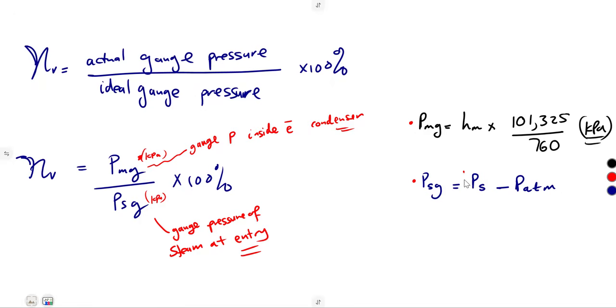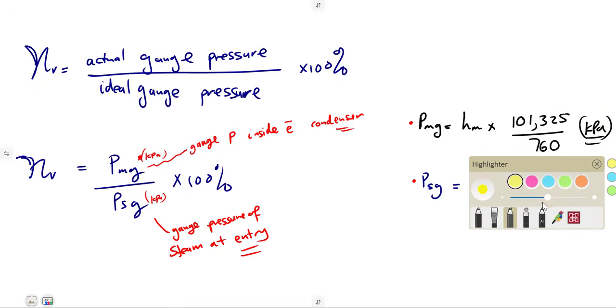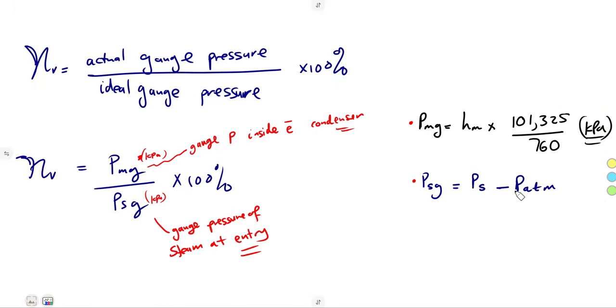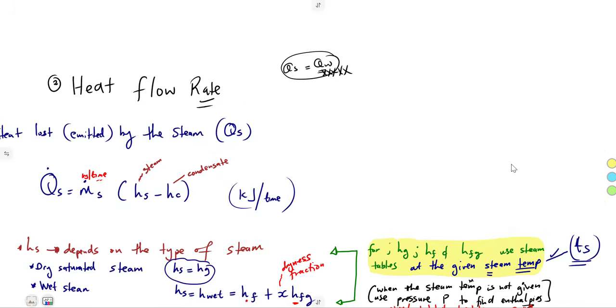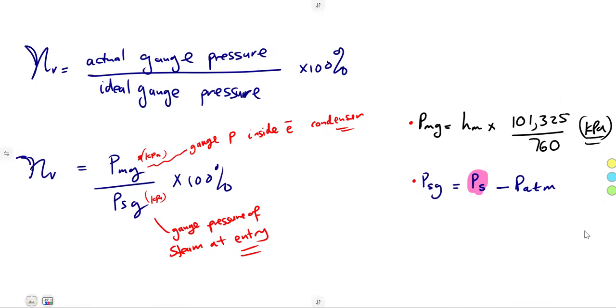Take note about this PS, guys: from your TS, from your steam tables, it must be taken from the temperature that you referred back to. Remember that TS, from that TS is where you obtain this PS.